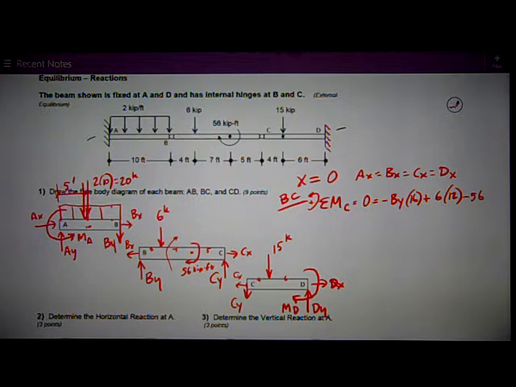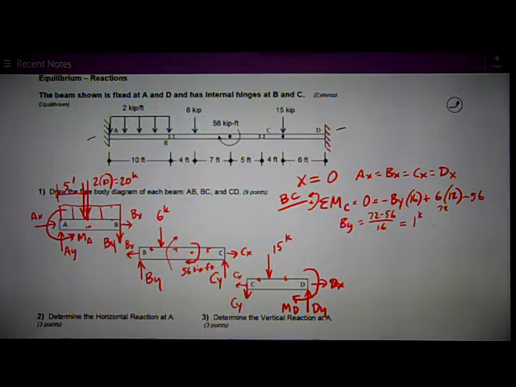And that's all I've got. So 6 times 12 ends up being 72. Take the negative BY to the other side of the equal sign, and I get BY positive is equal to 72 minus 56, and divide both sides by 16, of course, to get 1 kip.